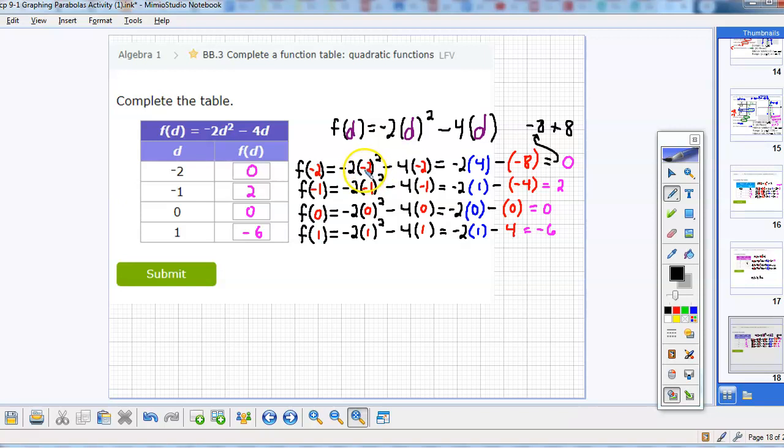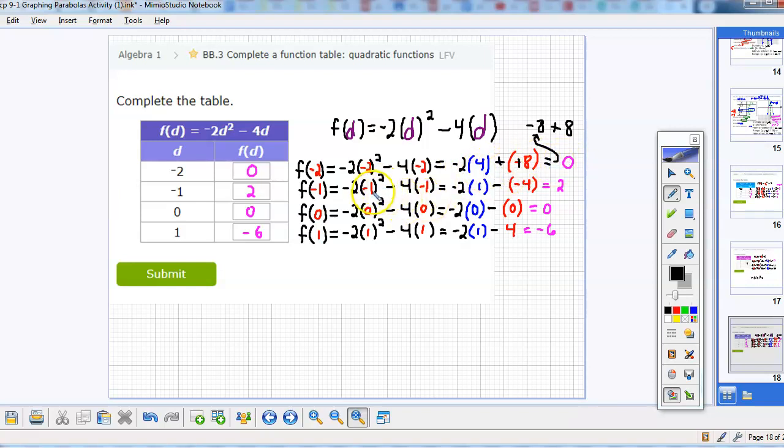So -2 times, that -2 squared is 4, so -2 times 4. And then I say minus -8. Now we all know minus -8 is the same as plus 8. So I'm going to get -8 plus 8, which is 0 here.